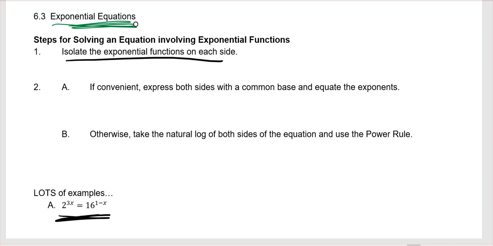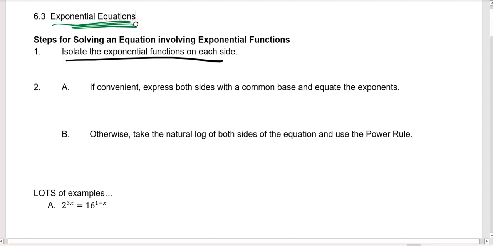So like looking at this one here, those exponential functions are isolated, right? So we don't have something going on here like a +1 or something else. If it's convenient, we want to write both sides with the same base. So then we could say the exponents are equal, right? Because we had this property in the last section, right?